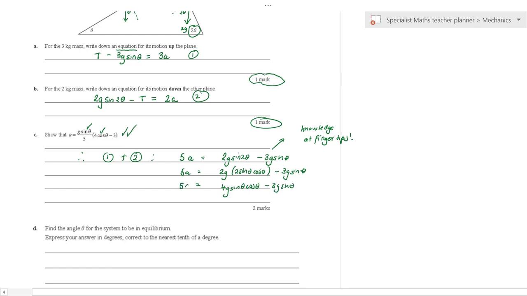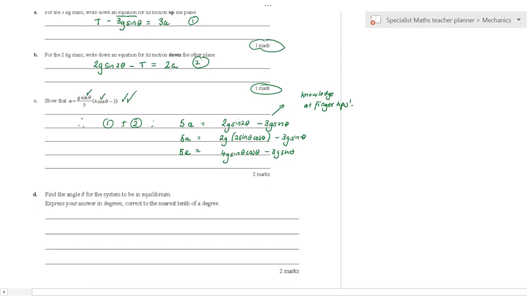Wow, look at that, 5a. I reckon we're almost there. Because if we take out g sine theta as a common factor, that gives me 4 cos theta minus 3.